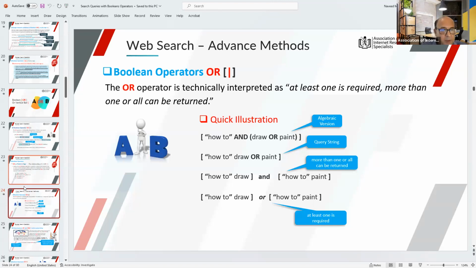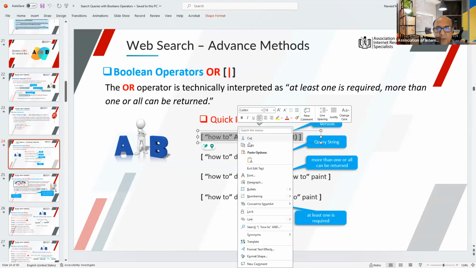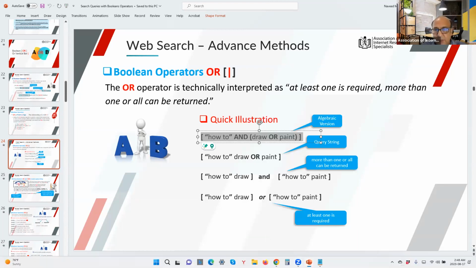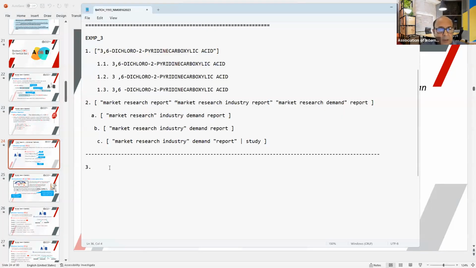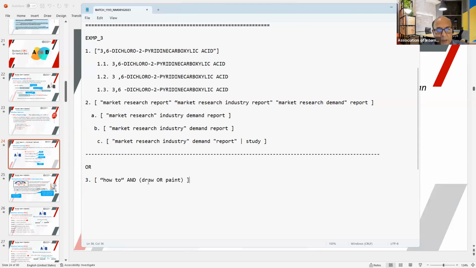So for example, just take this one. And I wish I had better examples, but I think they will come along somewhere. I'm going to use the notepad again here. So I am talking about the OR, and I have copied and pasted this right here.